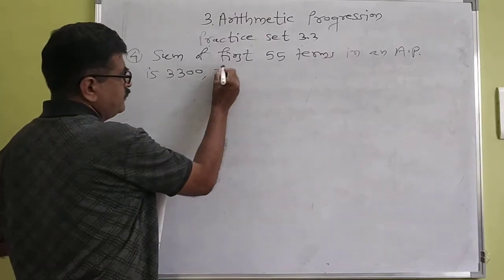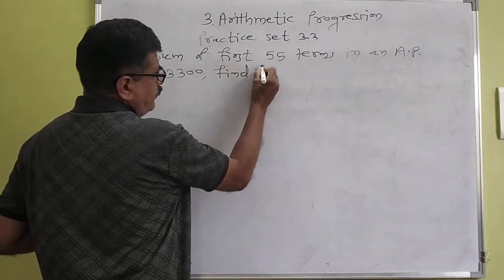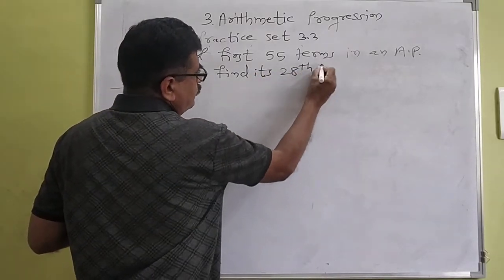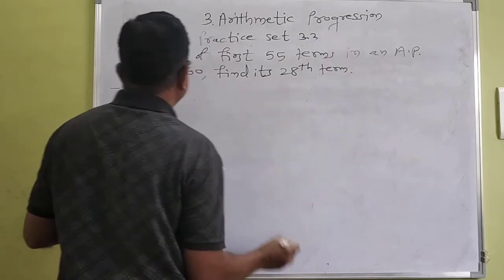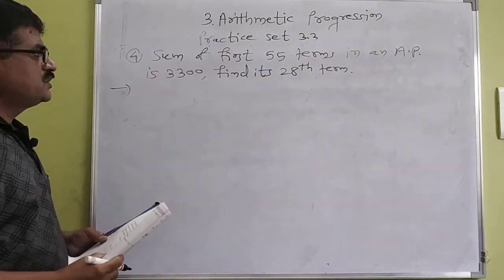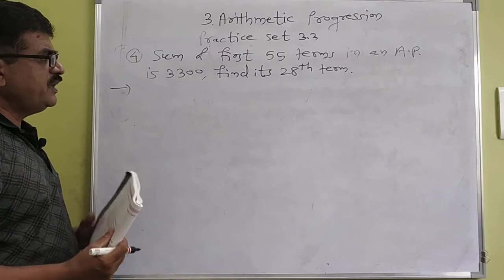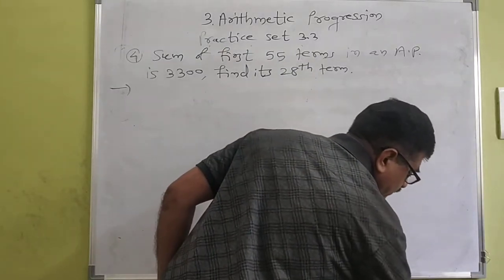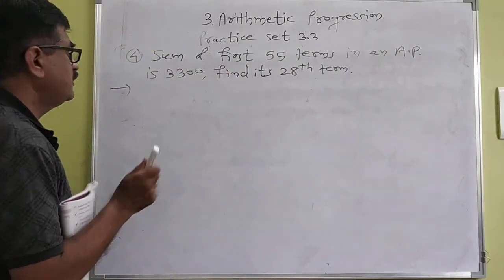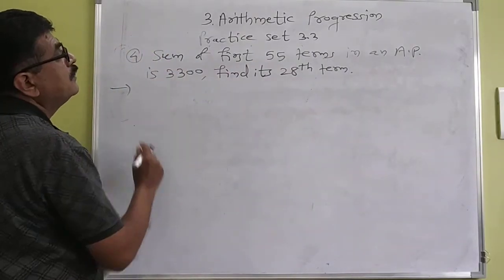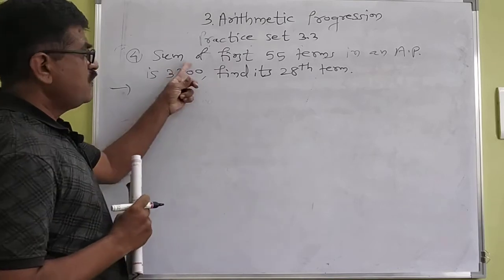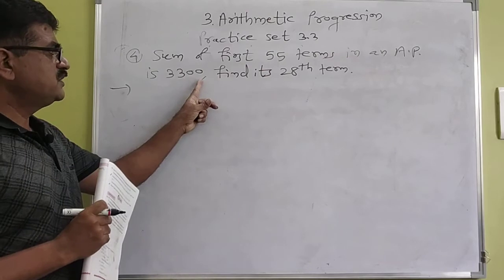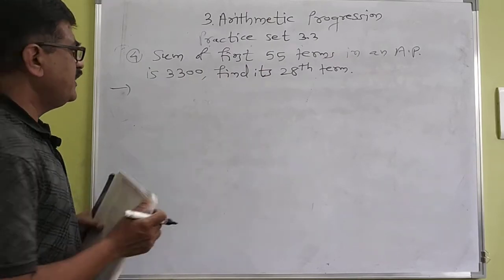Find its 28th term. The sum of the first 55 terms in an AP: we have been given the sum of 55 terms. We have to find the 28th term.